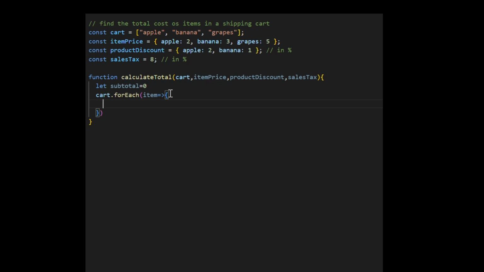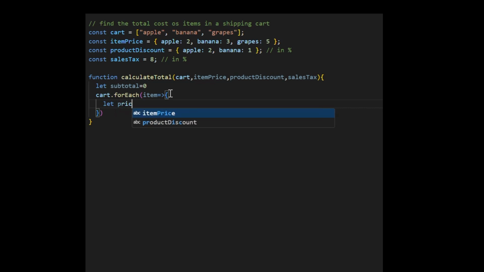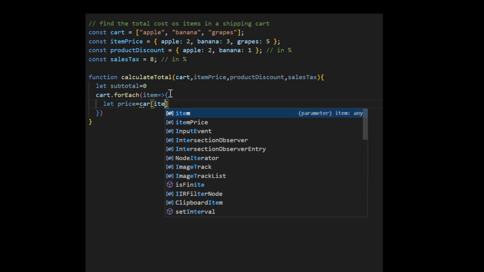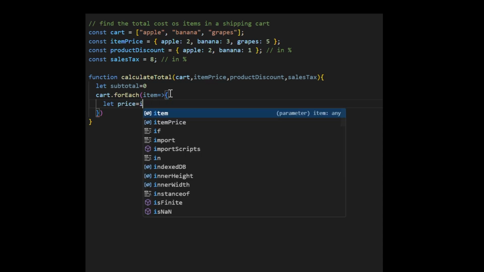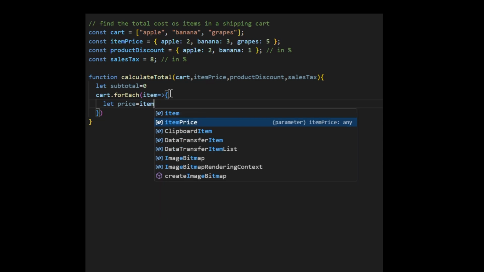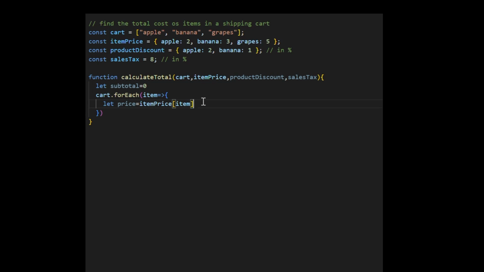Initially we have to get the base price. So the price equals cart of item.Item price of item. Okay. Next we have to get the discount. So that is the discount percent.